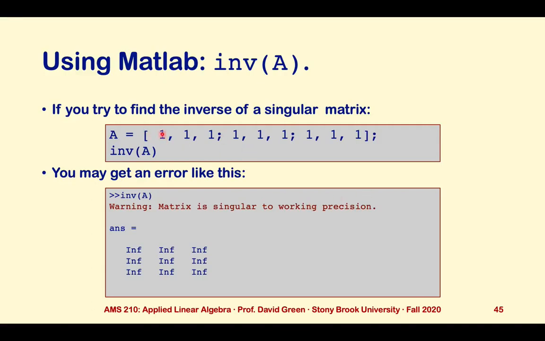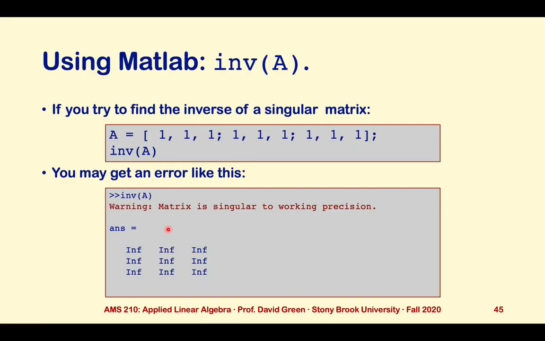It's a question of, is this really 1, 1, 1 and 1, 1, 1, or is this 1, 1, 1 and 0.99999999999, 0.999999999. Right? So we get a warning that is still very clear. It gives an answer where it actually says that all of the entries are infinity, which clearly doesn't make any sense. A clean warning, however, that this is a singular matrix.